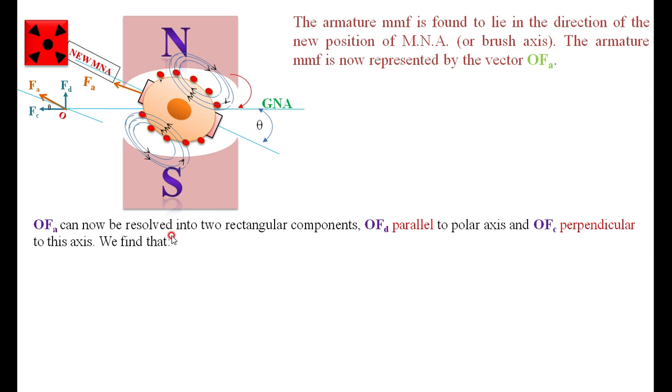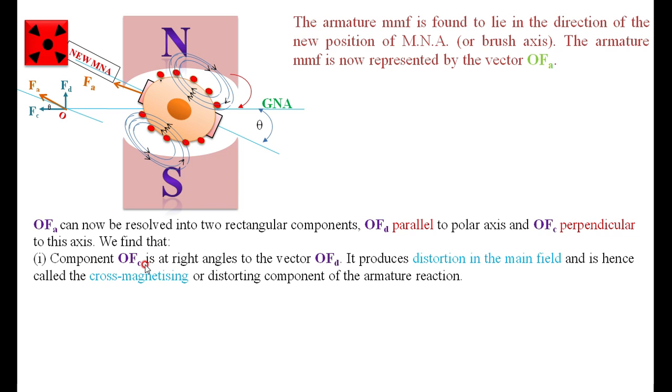The OF can now be resolved into two rectangular components, OFD parallel to the polar axis and OFC perpendicular to this axis. We find that the component OFC is at right angles to the vector OFD. It produces distortion of the main flux.